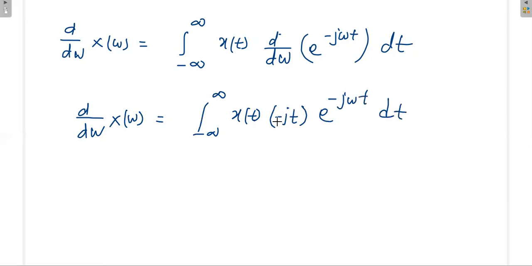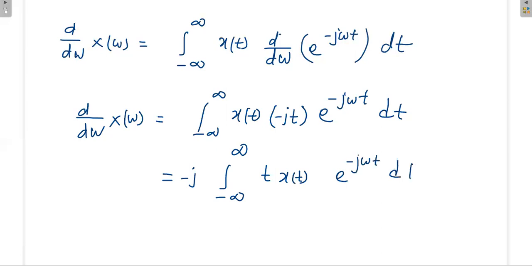Then this j you can take out: minus j integral from minus infinity to plus infinity t into x of t e power minus j omega t dt. Again, this is d by d omega x of omega. If you take this minus j to this side, that is plus j d by d omega x of omega.